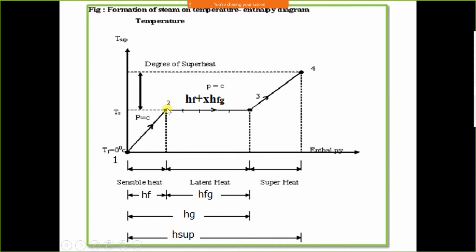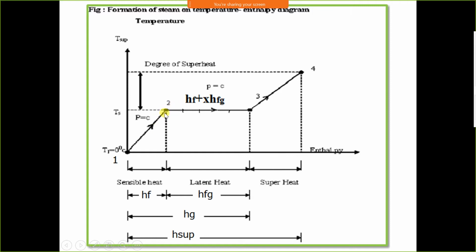Saturation temperature may be anything depending upon the pressure of water. If we consider pressure is atmospheric pressure, then saturation temperature will be 100 degrees Celsius. If the pressure of water is greater than 1 atmosphere, then saturation temperature will be greater than 100 degrees Celsius. If the water pressure is less than 1 atmosphere, then saturation temperature will be less than 100 degrees Celsius.